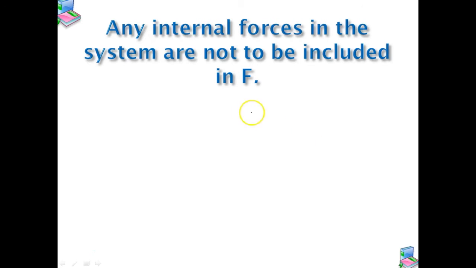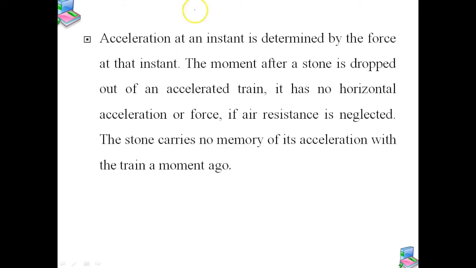So any internal forces in the system are not to be included in F, because F is not an internal force, F is an external force. Acceleration at an instant is determined by the force at that instant. The moment after a stone is dropped out of an accelerated train, it has no horizontal acceleration or force if air resistance is neglected.